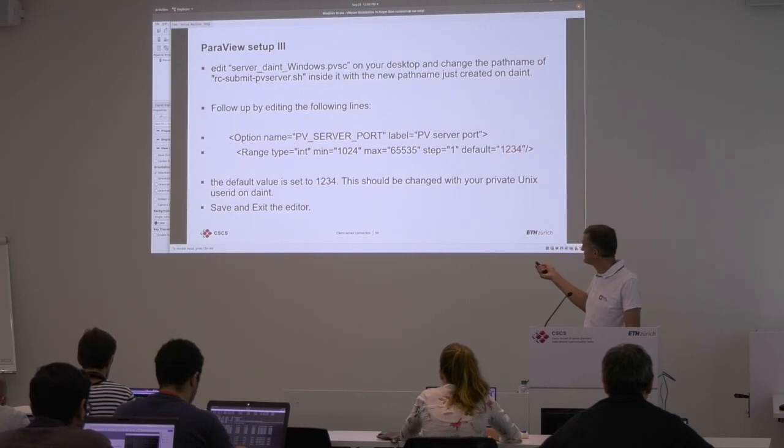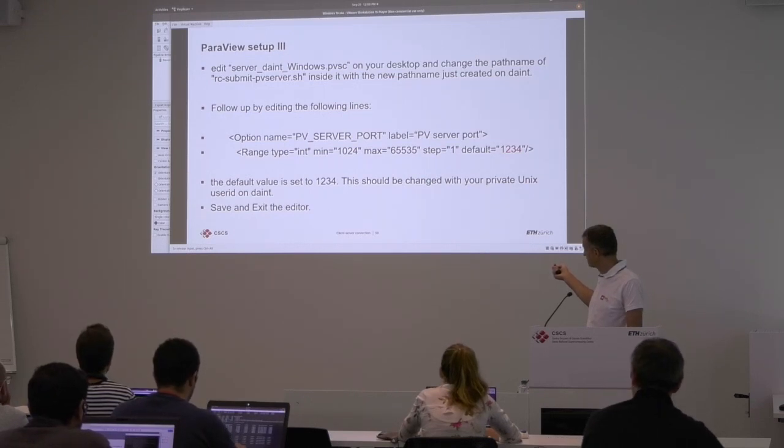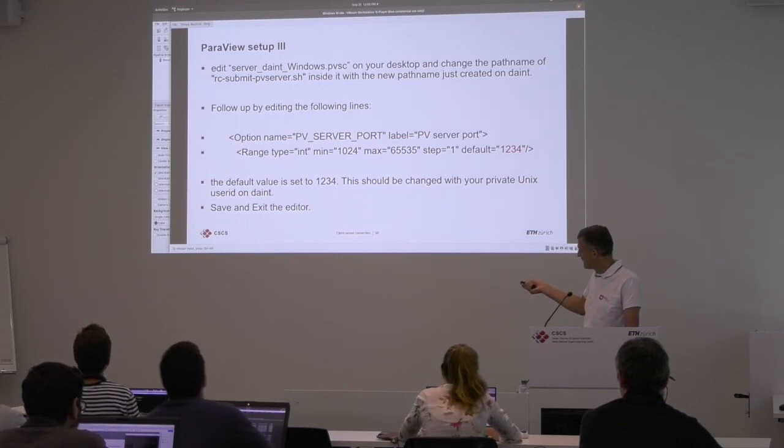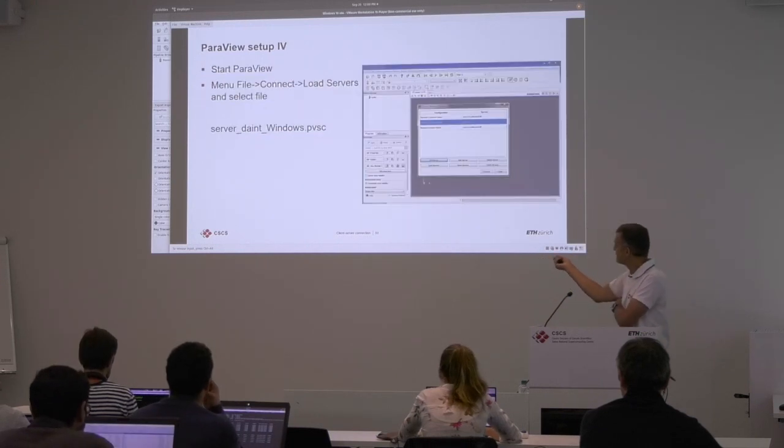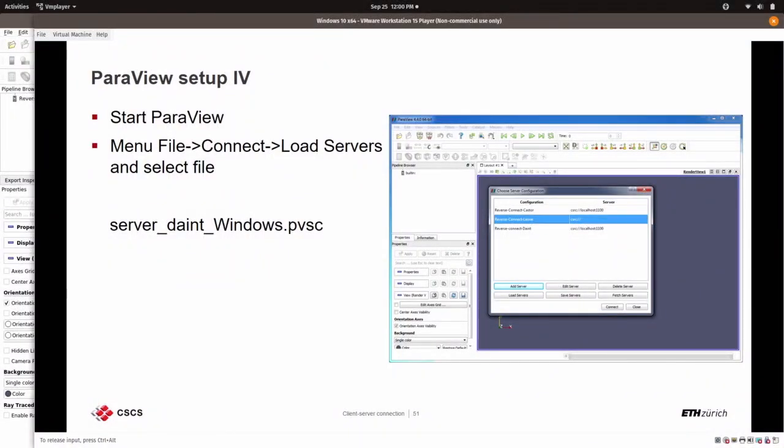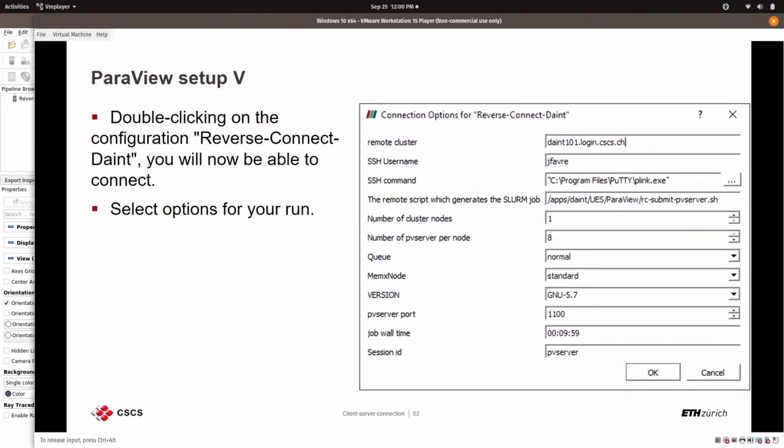In the PVSC file, there is the default ID that you need to change with your user ID from Daint. Here's the menu. You go to load servers, you select that PVSC file, you add it to your configuration, and then as you saw earlier when I was connecting, you get this particular menu.